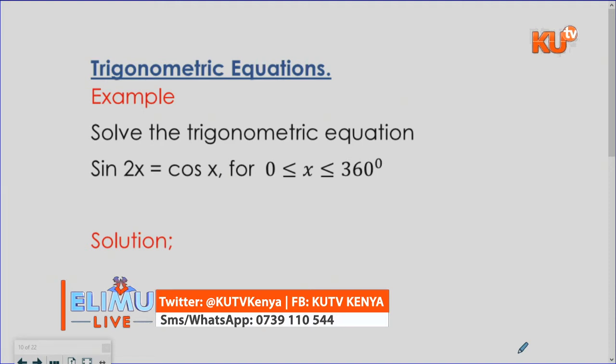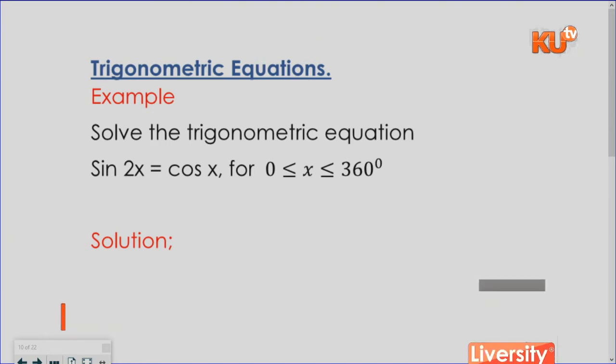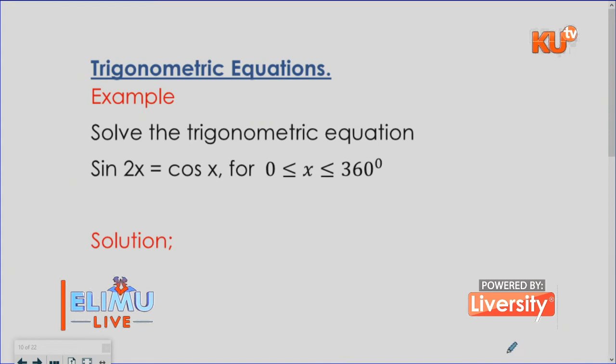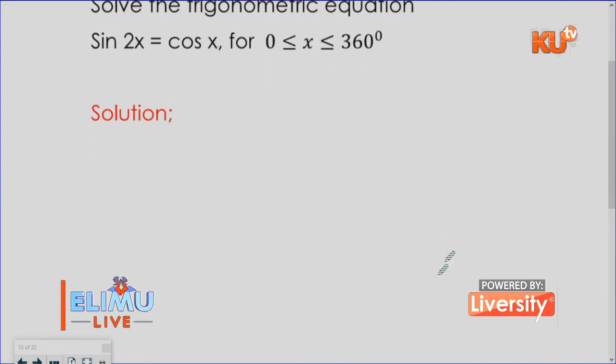The range of x is given from 0 degrees to 360 degrees. Here I'll take you back to Form 2. As I earlier said, this is just a revision of what we already know. Let me remind you what we did in Form 2.